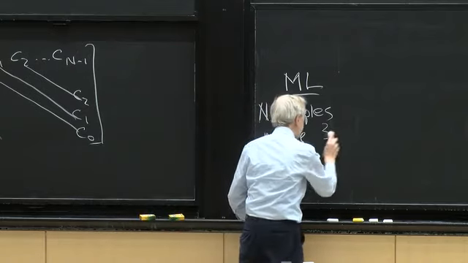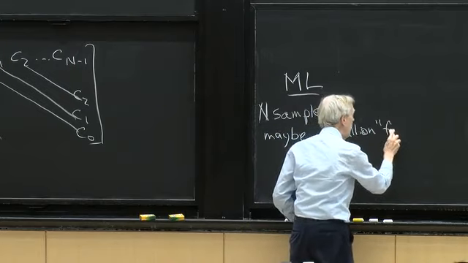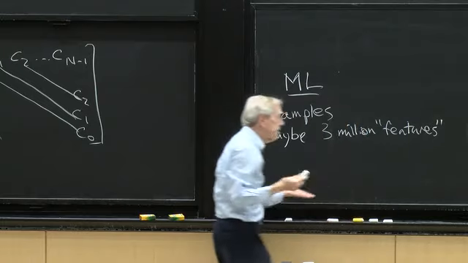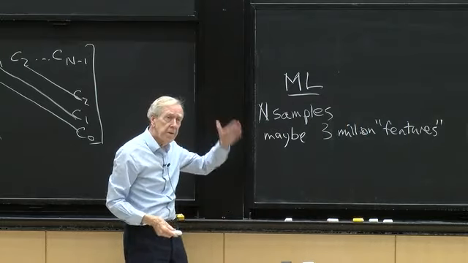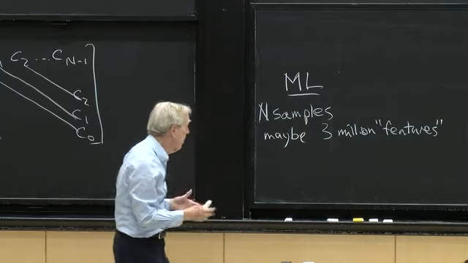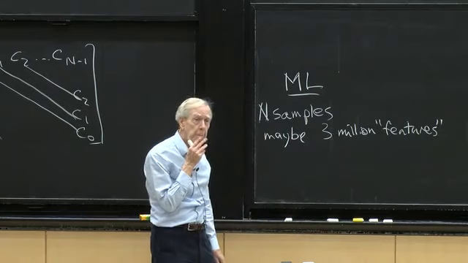So say 3 million features. So the vectors that the whole computation of deep learning works with are vectors with 3 million components.